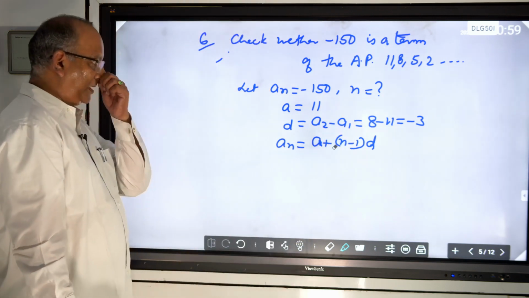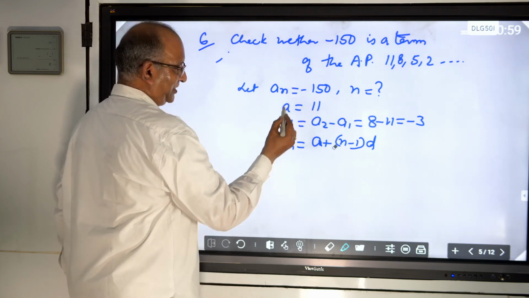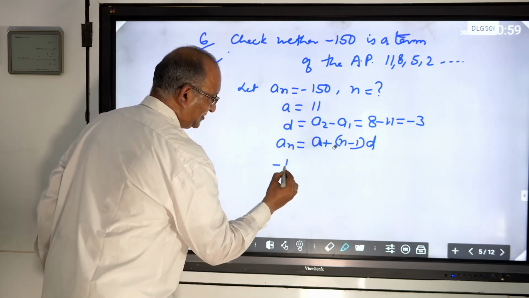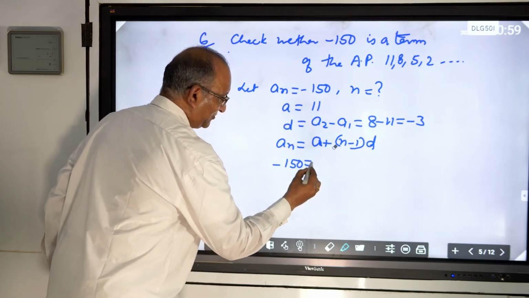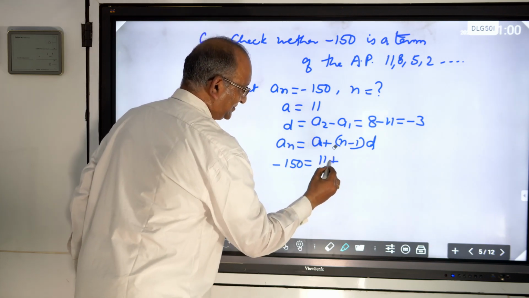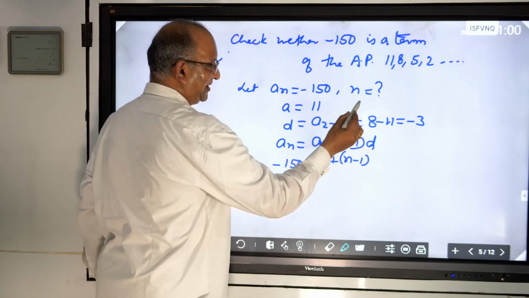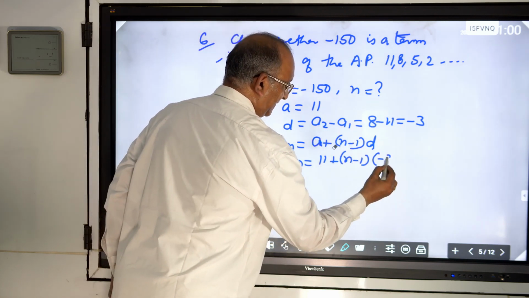So this is the formula. Substitute the values. We have assumed that nth term is minus 150. Minus 150 equal to A, A is 11, plus n minus 1 into d. D value is minus 3.